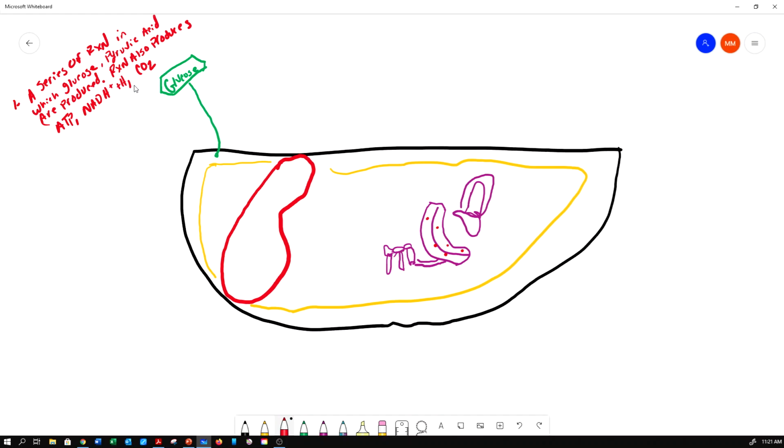All right, so we have a series of reactions in which glucose is going to produce pyruvic acid, and it also produces ATP, NAD, and CO2.